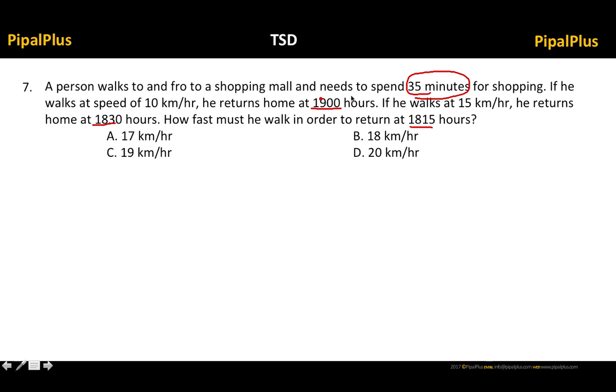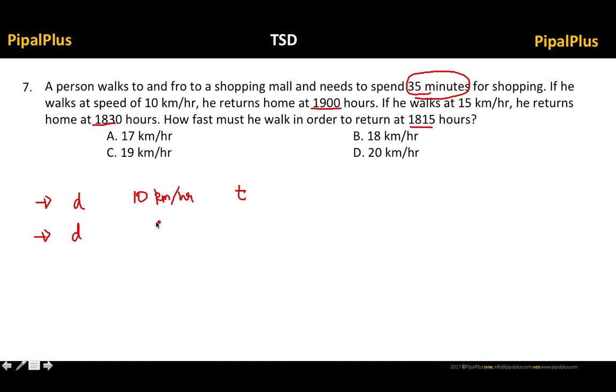So basically, if I were to simplify these three situations, the distance from home to the shopping mall remains d in all the three situations. In the first situation, let's say he covers this to and back distance at a speed of 10 kilometers per hour and takes time t. Now in the second situation he still covers this distance d, but faster.